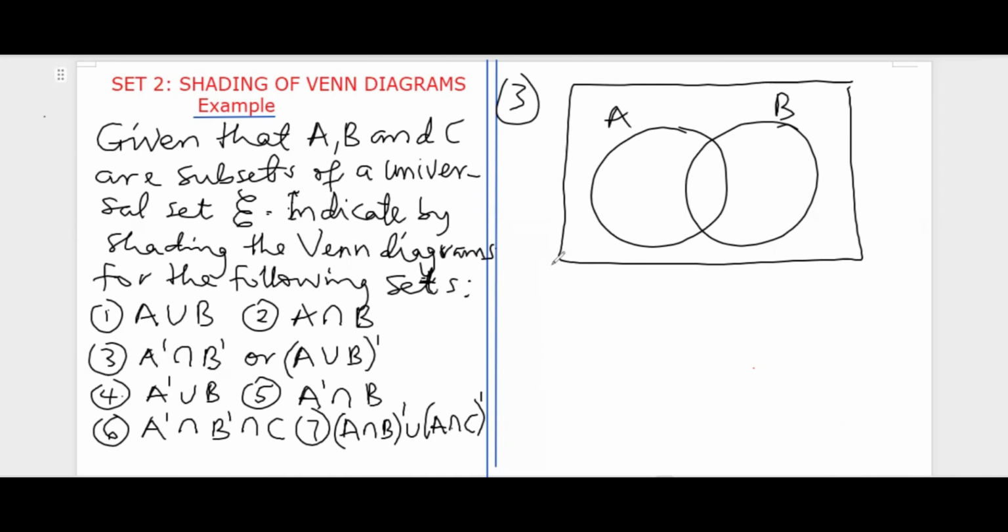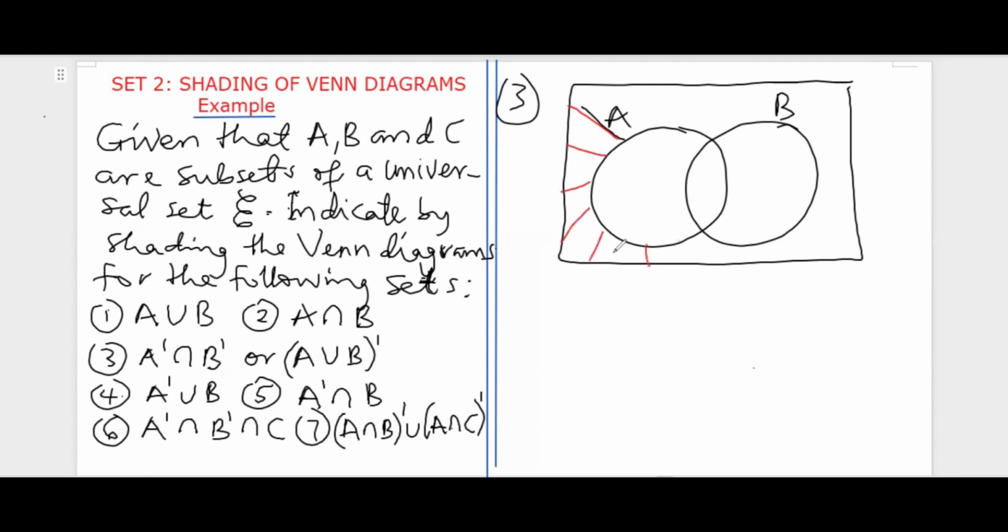So those that are not A, they are outside the circle of this A. And those that are not B, they are outside the circle of this B. And those that are outside the circle of A and are outside the circle of B simultaneously. So the two of them, because those outside A, let me change the color.